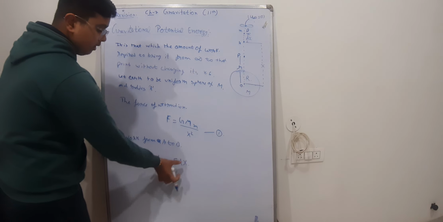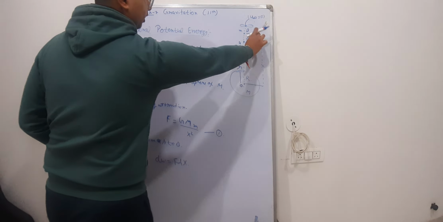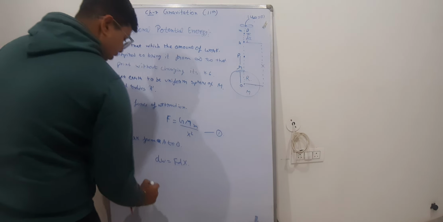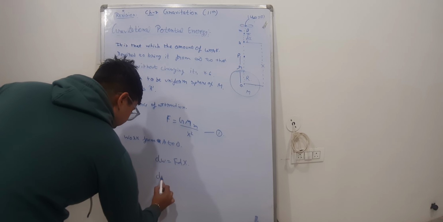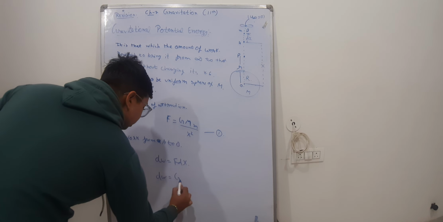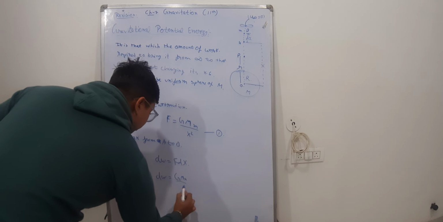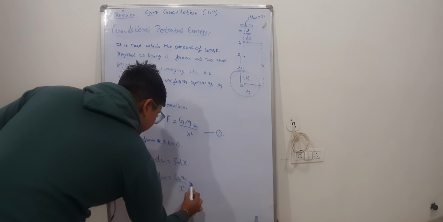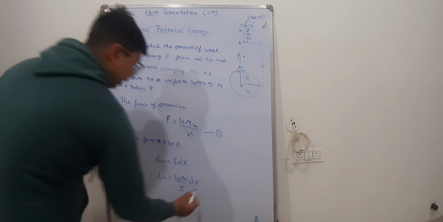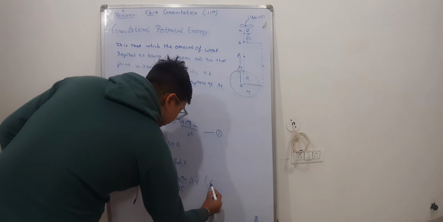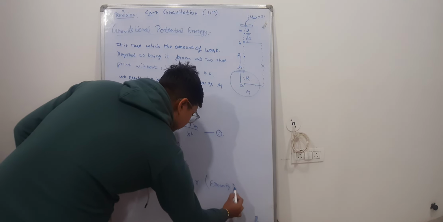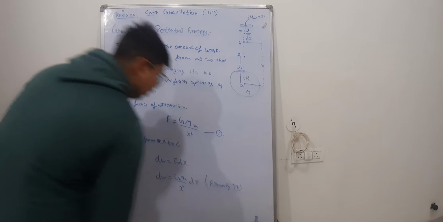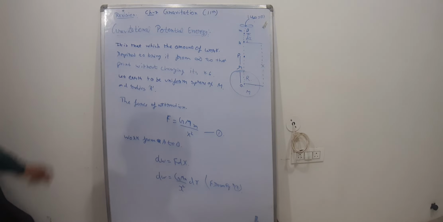Here the force is F and the small displacement is dx. Now from equation 1, dW is equal to G M m upon x square dx.